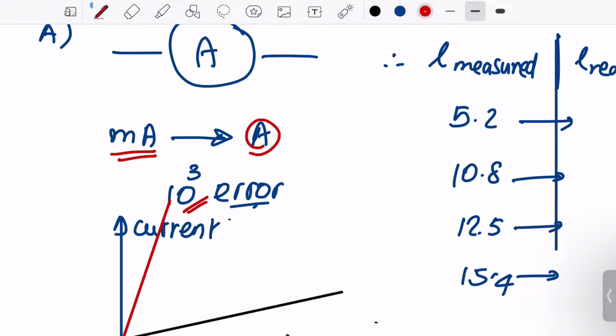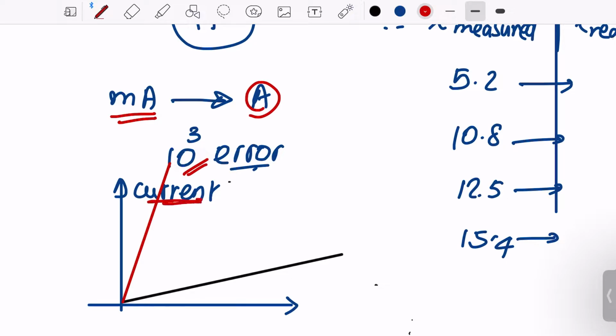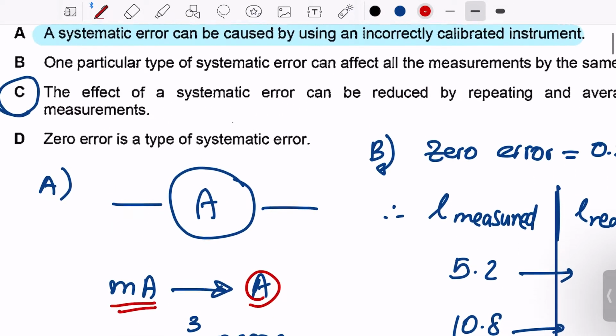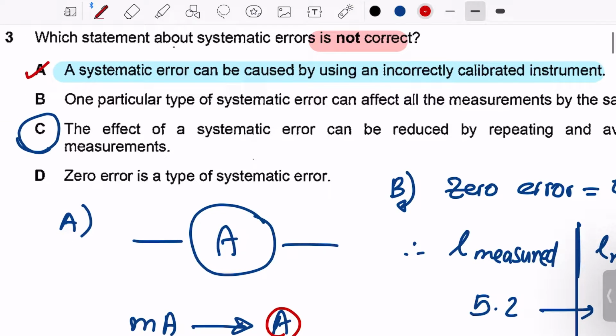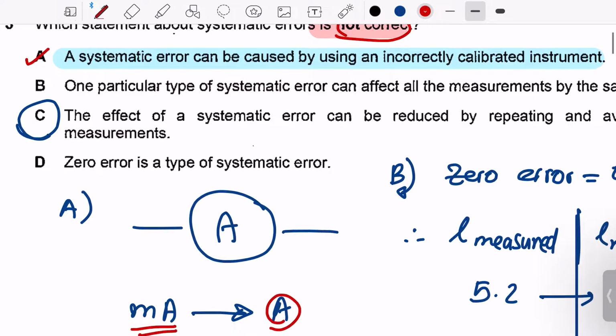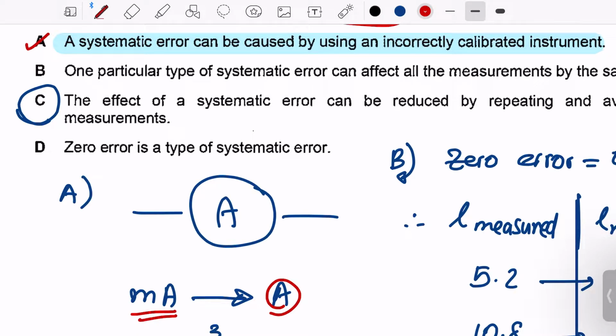So 5 milliampere, you mark it as 5 ampere. This is the expected calibration graph, but all the numbers have increased by 1000. So it can end up like this. So answer A is right.